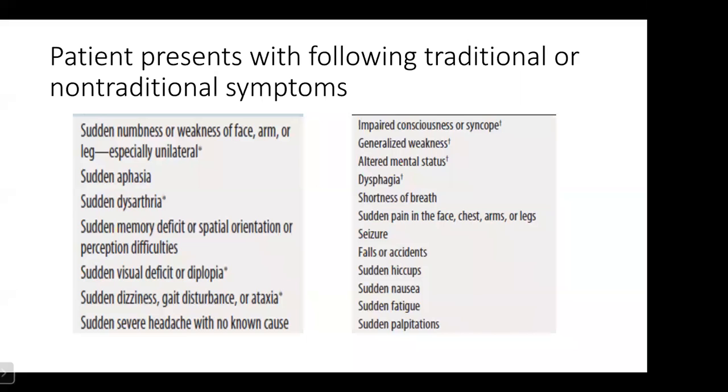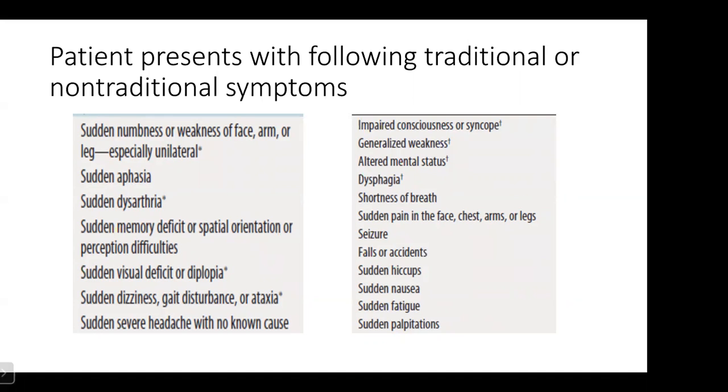Among these, some symptoms look very simple, we miss them and we plan to discharge the patient from here, but it may be related to stroke. So those symptoms which look very simple must be evaluated carefully to rule out stroke cases. So I'll focus on these things.